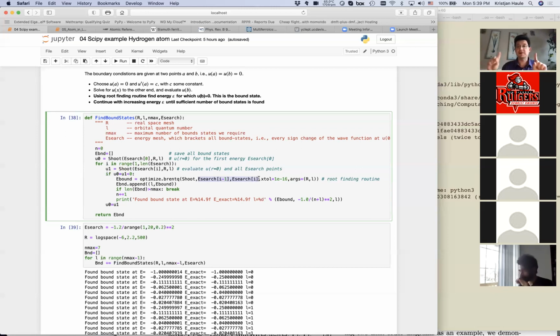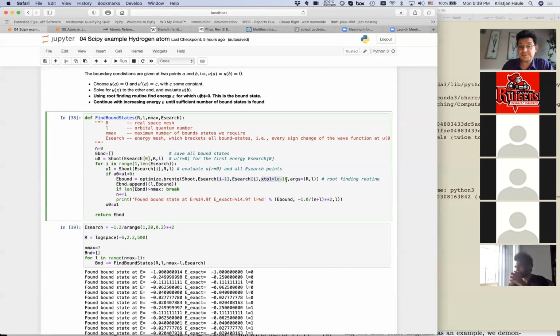We don't want that. We want to give it an interval, and then we want the shooting method to find the 0 within this interval. So Brentq is one of the methods which takes as an input both values of the interval a and b for the brackets.